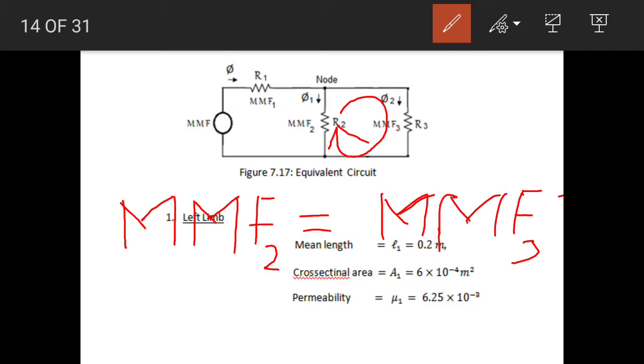MMF2 is analogous to V2, and MMF3 is analogous to V3. So MMF2 will be equal to MMF3.